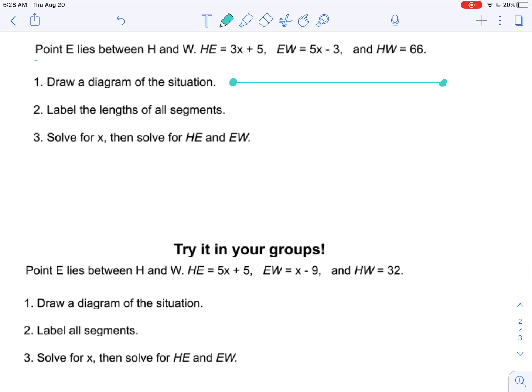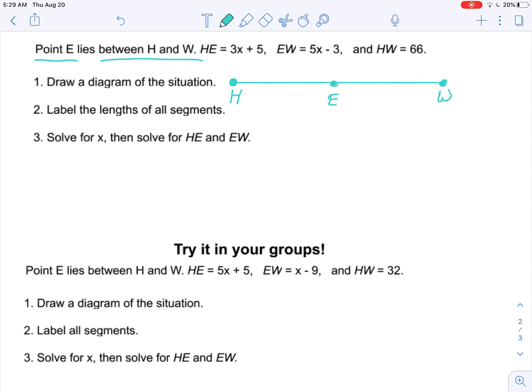And it says that point E is between H and W. So I got H, I got W, I'll put E somewhere in here. Doesn't need to be right in the middle. I could put it over here or way over here, but I just put it in the middle. So yours could look different.